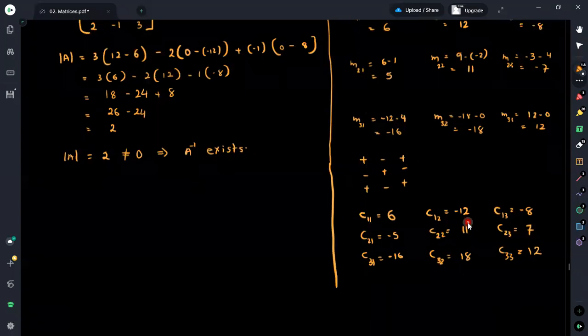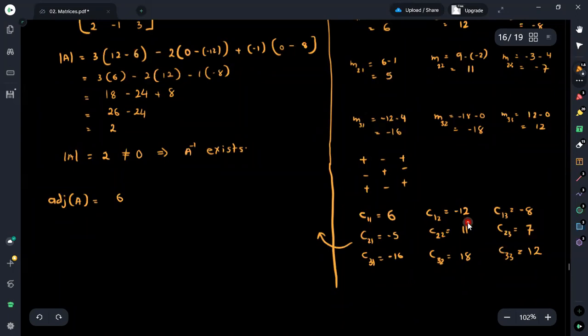Now we can go for the calculation of the adjoint of the matrix A. We can write down the values and take its transpose.